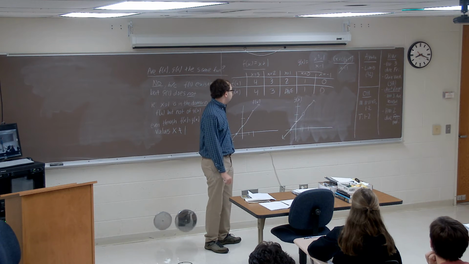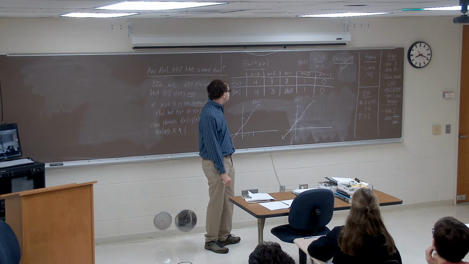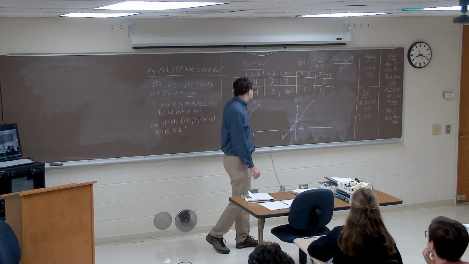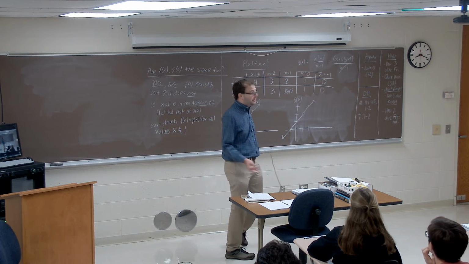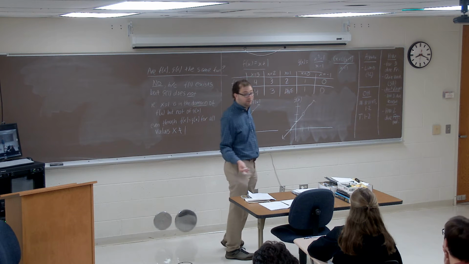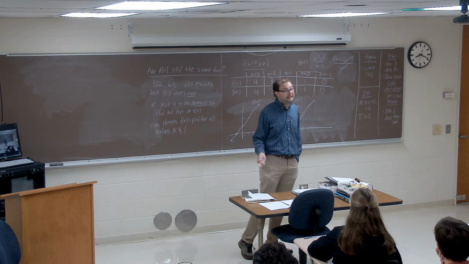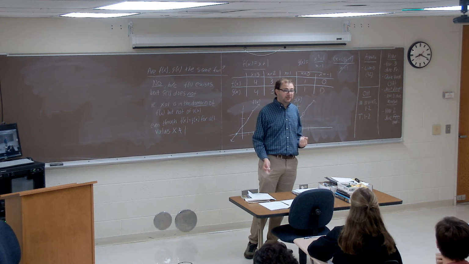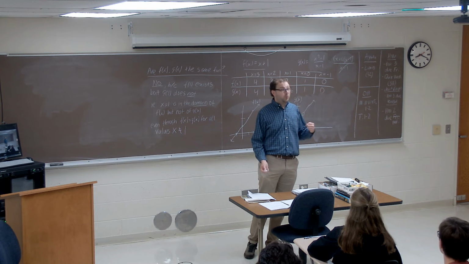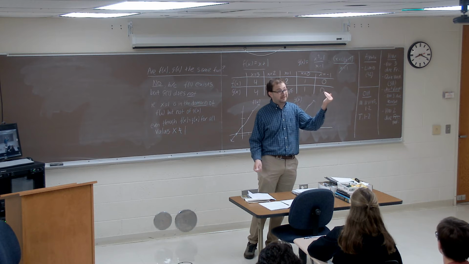Yeah, if we plugged in 0.9 as an input, we'd get 1.9 as an output. How about if we plugged in x equals 0.99999? We get y equals 1.99999 as an output.